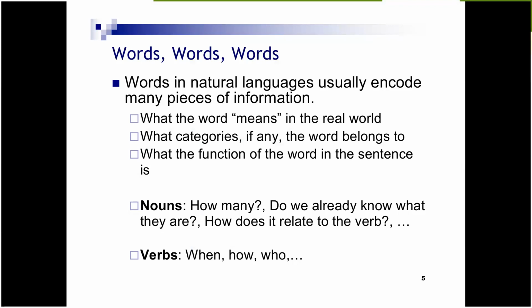The structure or components of an individual word can also specify the type of word it is. If it's a verb, if it's a pronoun, the information contained in the word will give you these categories, and also the function the word plays in a given sentence.